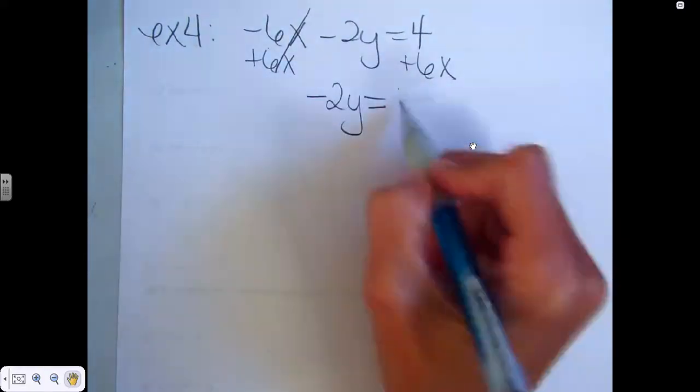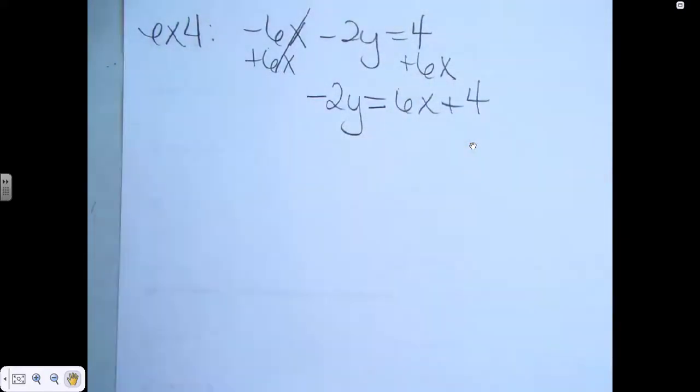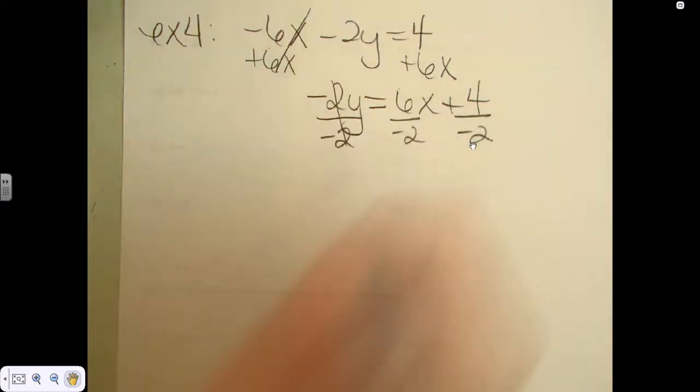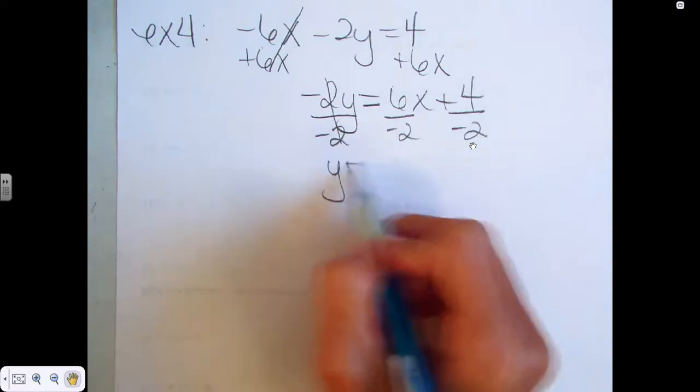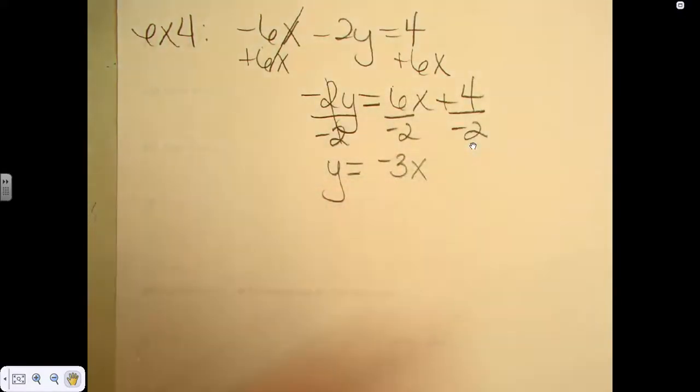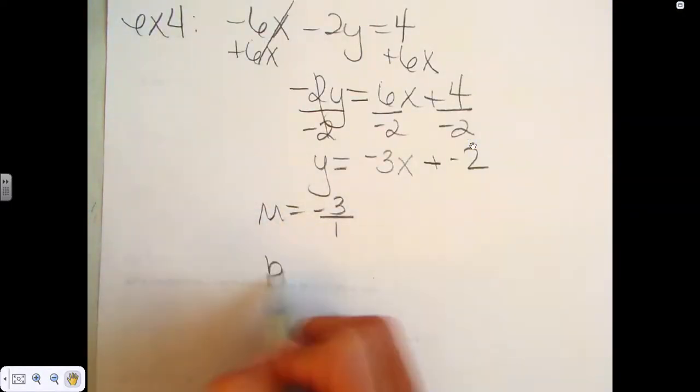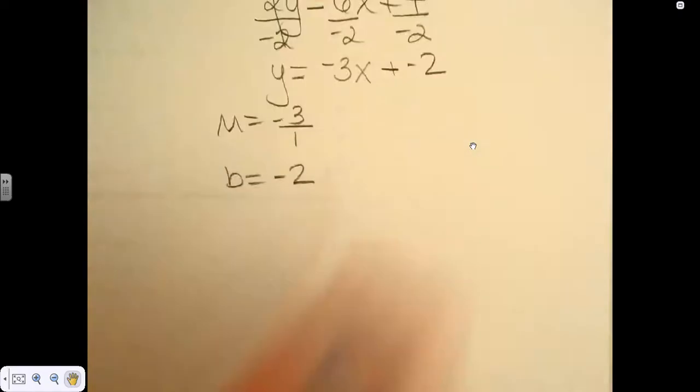Don't forget the negative. Divide by a negative 2. So y is equal to, this simplifies to negative 3x plus negative 2. My slope is negative 3 over 1. My y-intercept is negative 2.